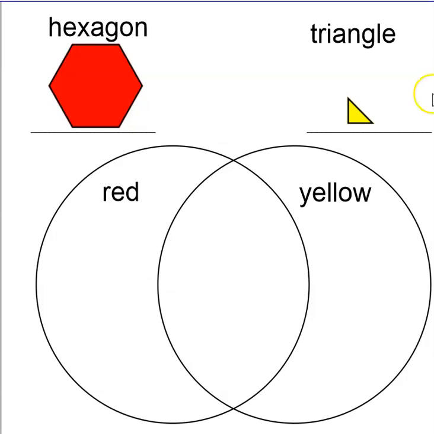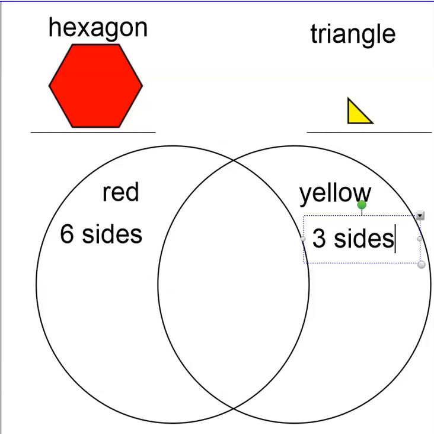So that's right, it's very different. So the hexagon has 6 sides. So it is different. Okay, so I'm going to put that in its own circle. It's not going to be in the triangle circle there to describe it. But the triangle has 3 sides, and that's different than the hexagon, so that's how they are different.